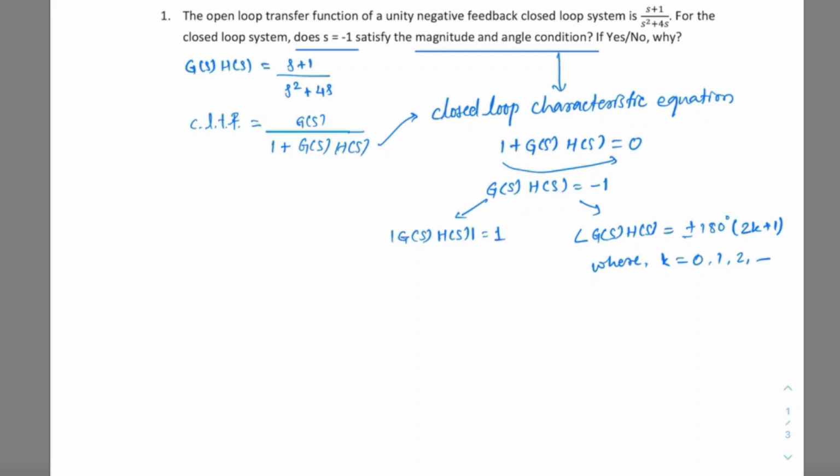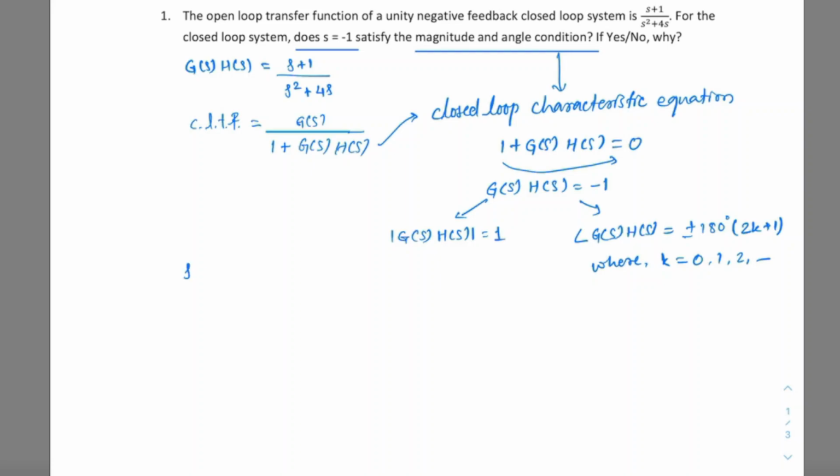All right, let us check whether the magnitude and angle condition is satisfied here by s equals minus 1.